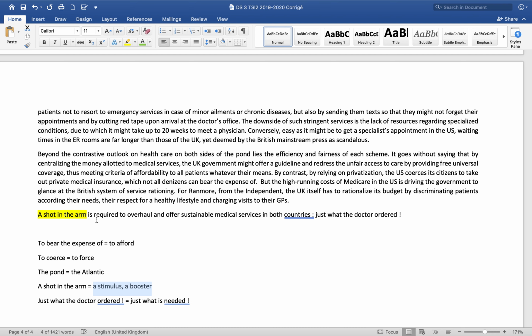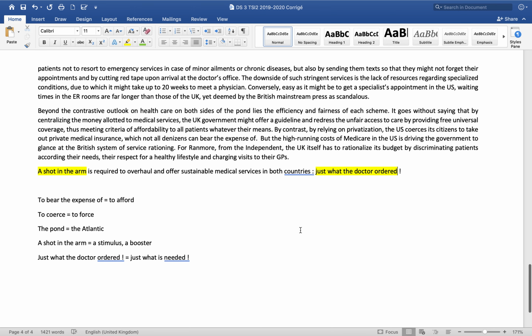So a shot in the arm is required or is needed to overhaul. Overhaul means to reform and offer sustainable medical services in both countries. What I'm saying is that it's necessary both for the UK and the US to reform their health systems if they want to survive. Okay? So a stimulus or a shot in the arm is needed. And I use this phrase, which is a medical term, just what the doctor ordered.